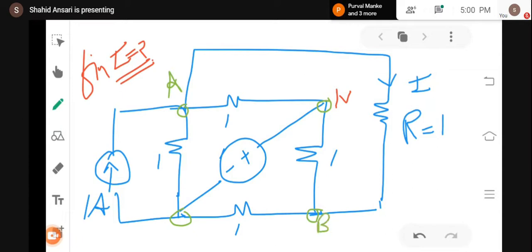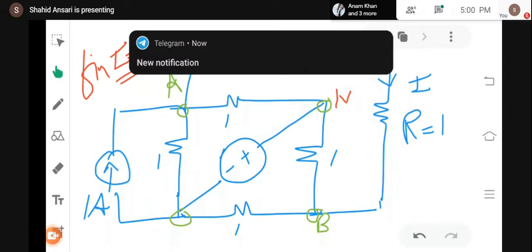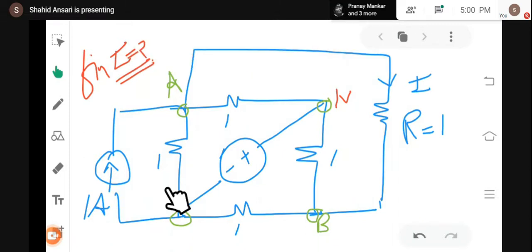You can mark it B. Okay, but one has to be considered as a reference node, and the majority of the elements are connected with this particular node. Nodes 1, 2, 3, and 4. Here we have only 3. Okay, now this is also 4. So either consider this as a node or this as a node. So you can consider this one as the reference node. The reference node is at 0 place. So the actual nodes are VA and VB.